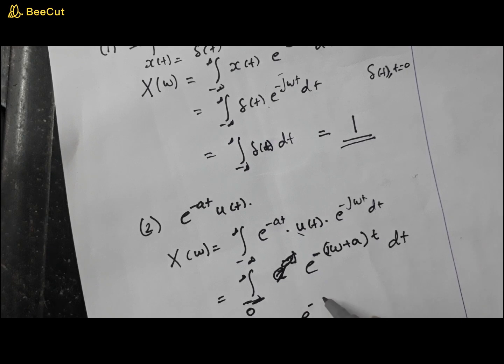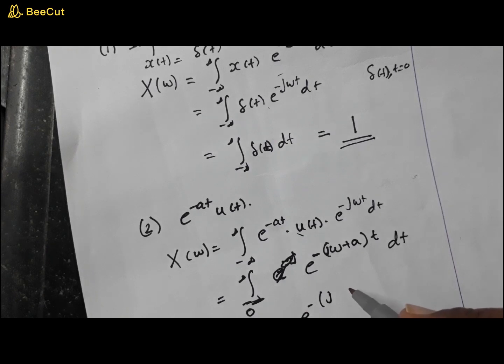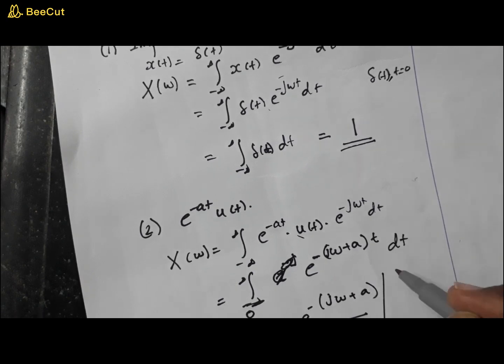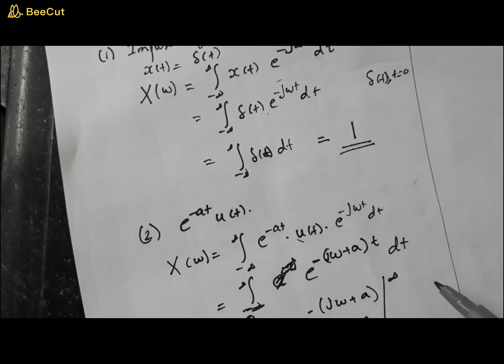This is e raised to minus (j omega plus a) t divided by minus (a plus j omega), over the limits from 0 to infinity.